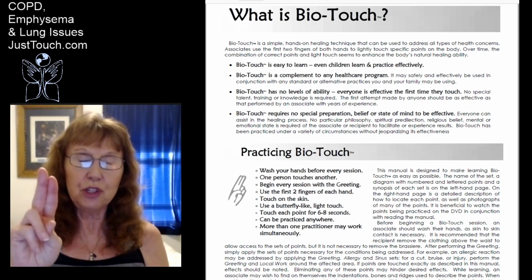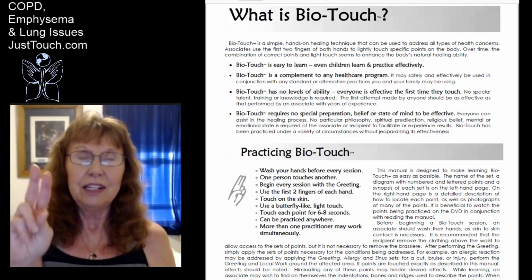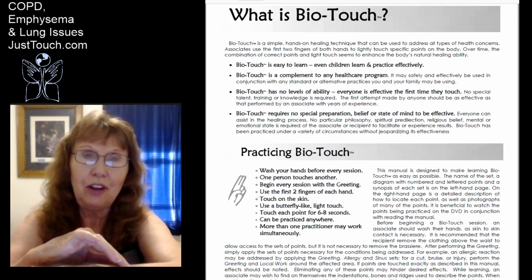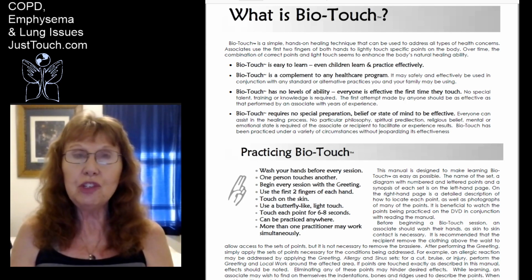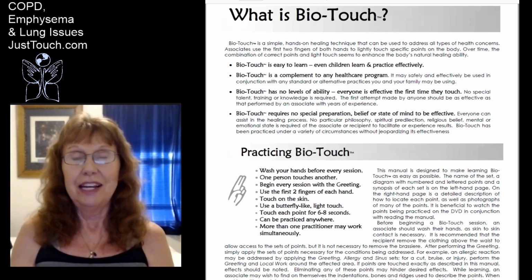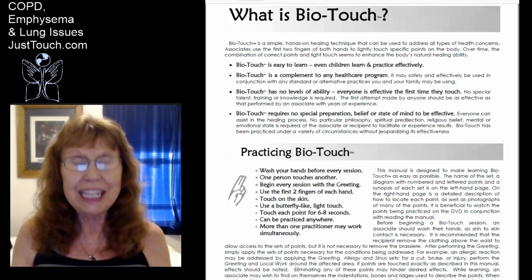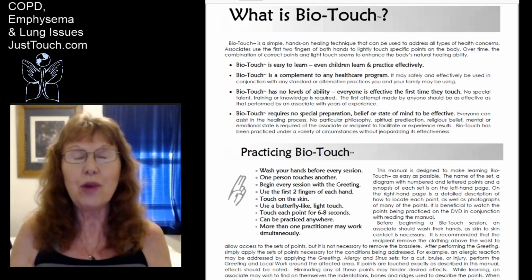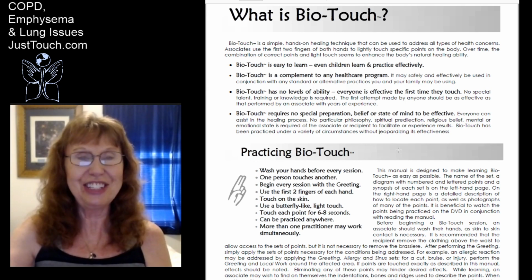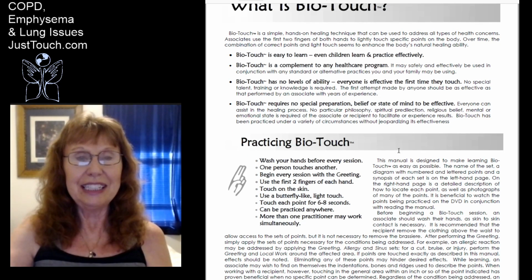We use the first 2 fingers of each hand. You touch lightly on the skin, like a butterfly touch. That's what it's called. That's what we say. And then you just hold each point 6 to 8 seconds. And that's it. You can practice BioTouch anywhere, anytime, with anyone. That's a fact.